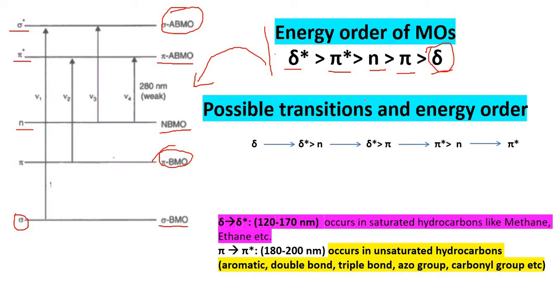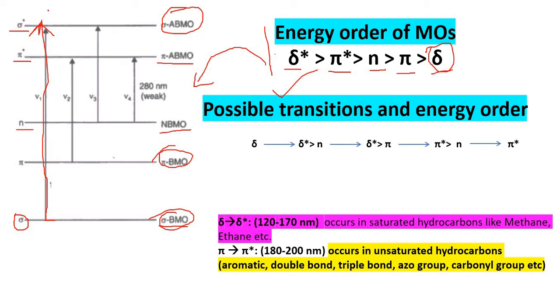Now the possible transitions and energy orders: when molecules absorb energy in the form of light, it is UV-Vis absorption spectroscopy, so we are talking about the absorption of light by a molecule. In an organic molecule, if an electron in the sigma bonding molecular orbital absorbs a higher amount of energy, it can jump to the sigma star state.